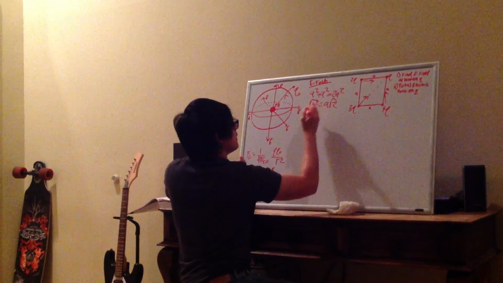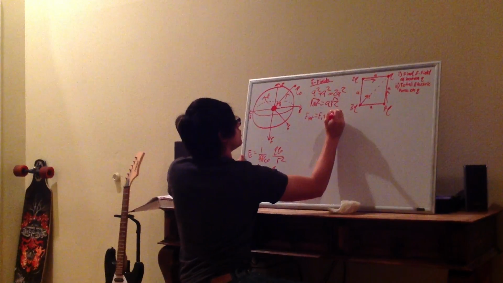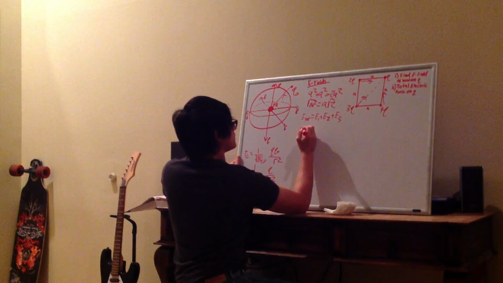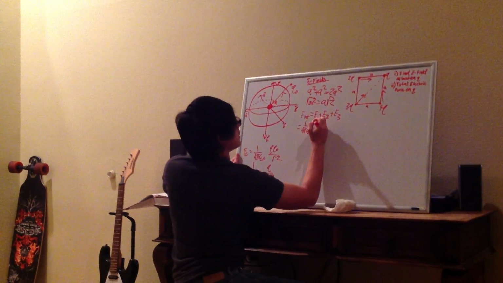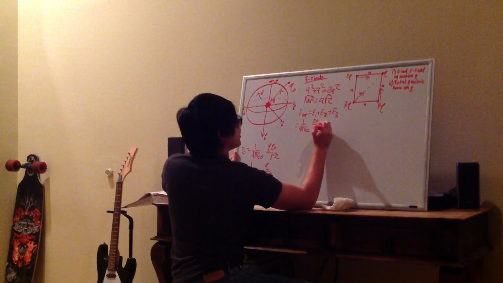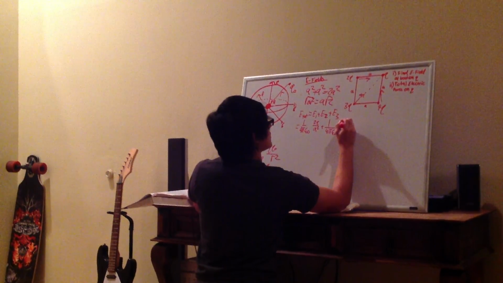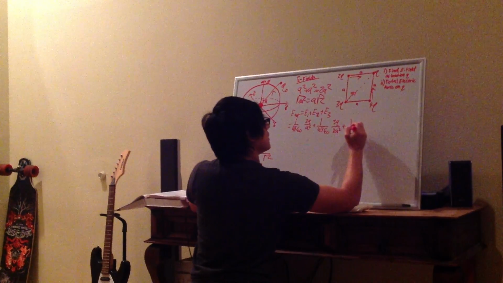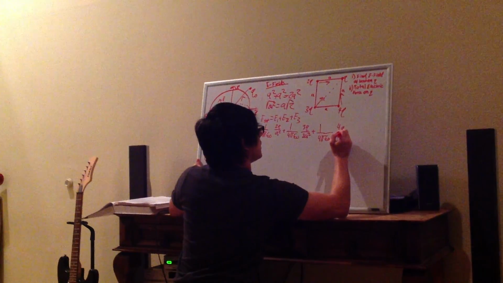So I can say that E total is equal to E1 plus E2 plus E3, which is equal to 1 over 4 pi epsilon naught times 2Q divided by a squared plus 1 over 4 pi epsilon naught times 3Q divided by 2a squared plus 1 over 4 pi epsilon naught 4Q divided by a squared.